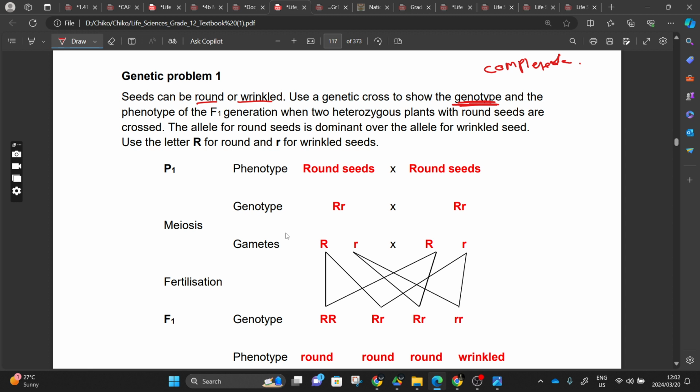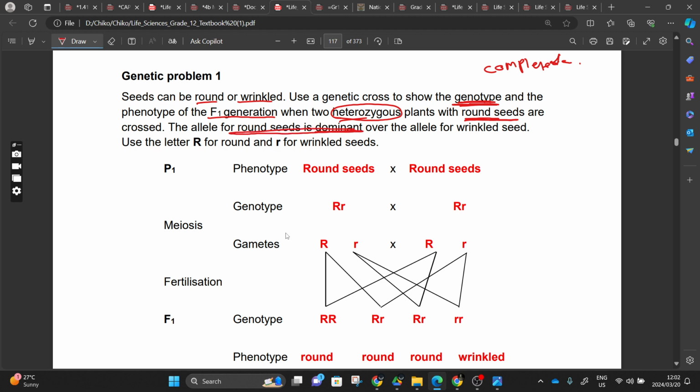Use a genetic cross to show the genotype and the phenotype of the F1 generation when 2 heterozygous plants with round seeds are crossed. Round seeds is the dominant.